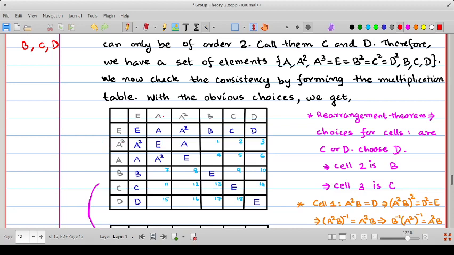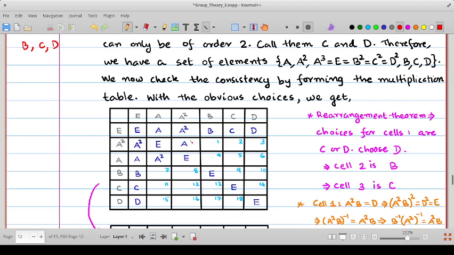So for this cell, the column label is A, the row label is chosen to be its inverse, which is A square, and so on. Then the row and the column corresponding to the identity element are filled up in the way that we just discussed, and it is quite easy. And the diagonal entries are all identity elements.